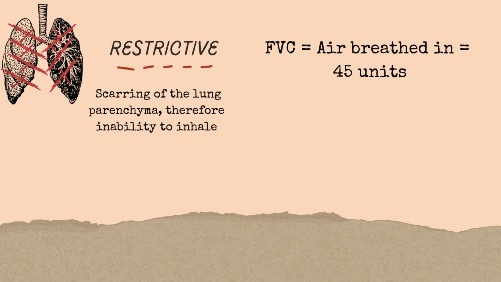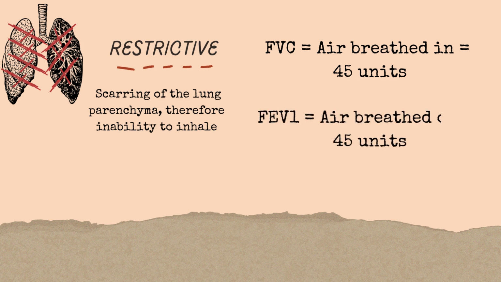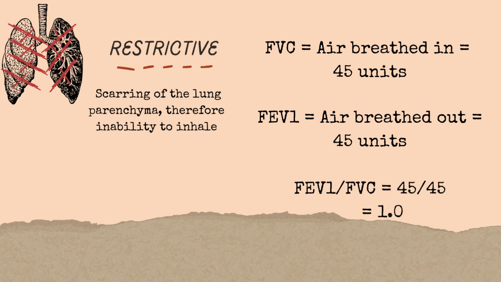But because I've no restriction in the actual airways, the airways are clear. The trachea, the bronchioles, the bronchi, they're all clear. So all the air that I breathe in, I am actually able to breathe out. So I'm able to breathe out all 45 units. And as such, my FEV1 to FVC ratio is 45 out of 45, which is 100%, which is equal to 1.0. So the ratio is 1.0.